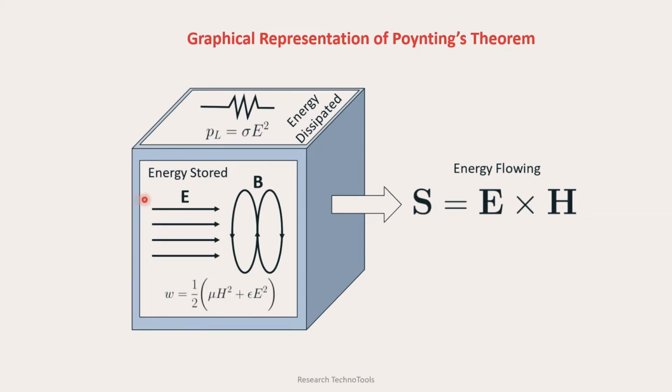So this is the stored energy bounded by a surface. When energy flows out from this volume, some energy will be dissipated, and the dissipated energy is sigma E square. So the sum of the energy dissipated and the energy stored will equal the energy flowing out from this closed surface. I think you have got the idea of the Poynting theorem.